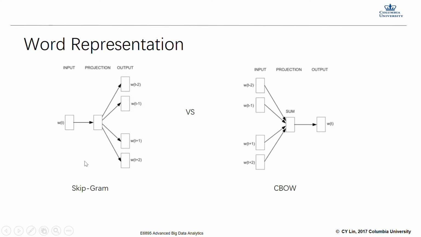The first one is you use the central word to predict the words before and behind it. The second way is you use the words before and behind it to predict the central word. These are two unsupervised ways to get the word representation, the word embedding.